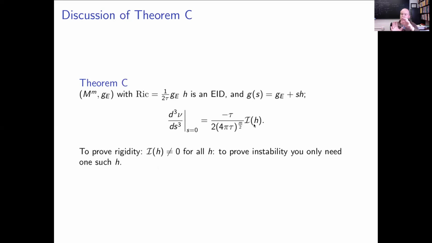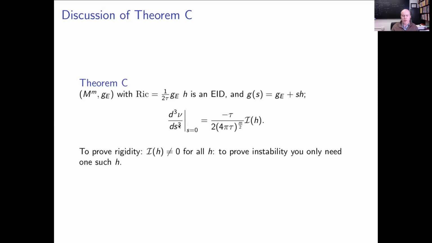You have to do it for all directions, so that no matter what direction you go in, there is no curve of Einstein metrics with that derivative. In other words, you have to prove that I of H is non-zero for all perturbations H.